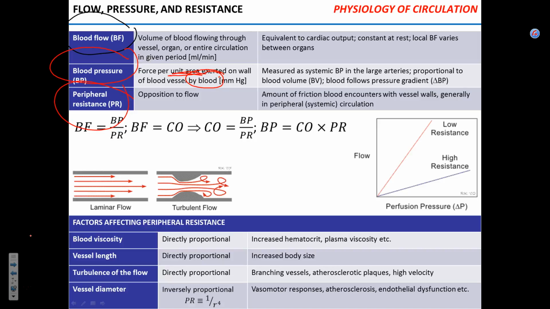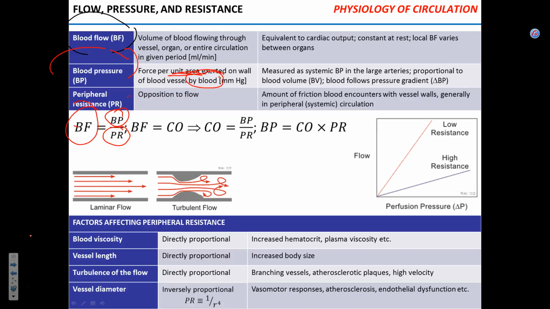Think about this. You have a pump that generates blood pressure, and you have pipes that are resistant to the flow. If you have a very strong pump, then even small pipes will still produce good flow.